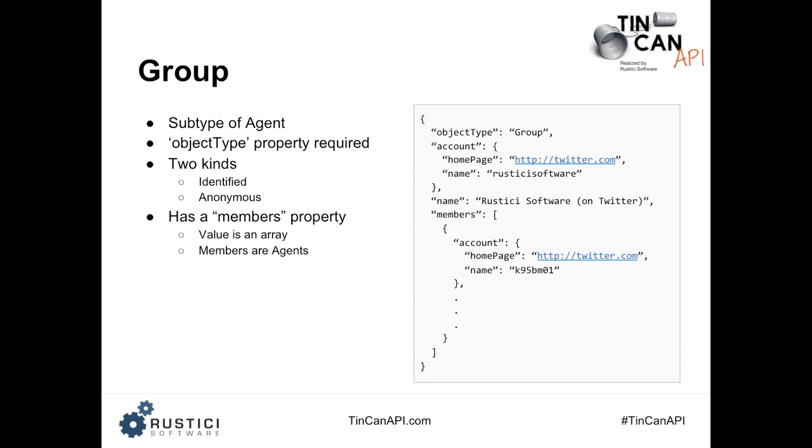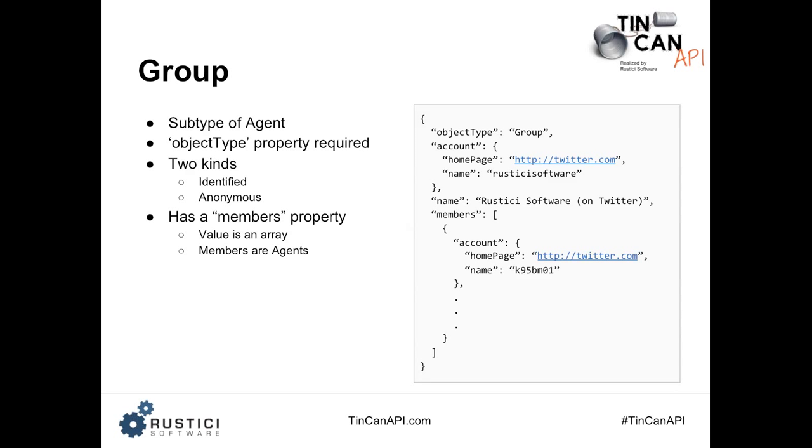So a group may have those same properties that we saw with an agent. We can have an inbox, SHA-1, open ID, or account, and that makes it an identified group. The difference here with a group is that it also has a members property, and the value for a members property is an array. And within that array, we have a list of agents themselves. A particular note here is that because the members of a group must be agents, we can't have arbitrarily nested groups.